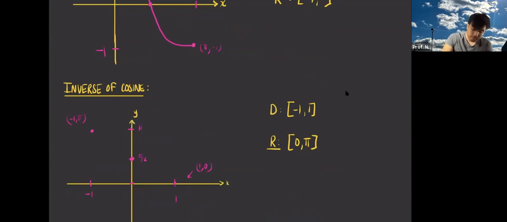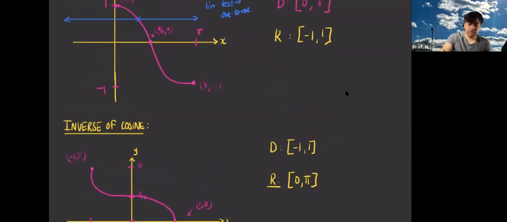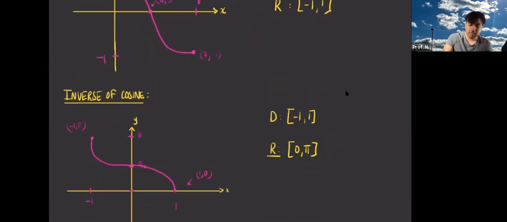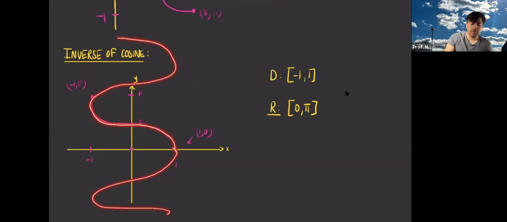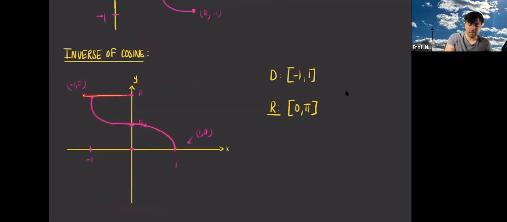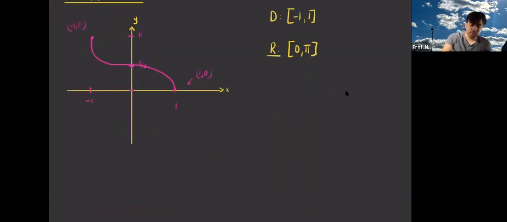When I graph this, look what I get. I get the cosine curve as if I'm drawing it vertically. Horizontally is how we normally draw the cosine curve, right? And if you draw it vertically like this, that would be the cosine curve, but I only want this piece of it. That's it.